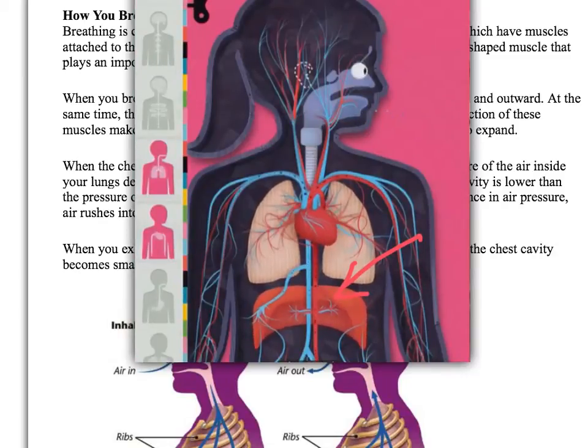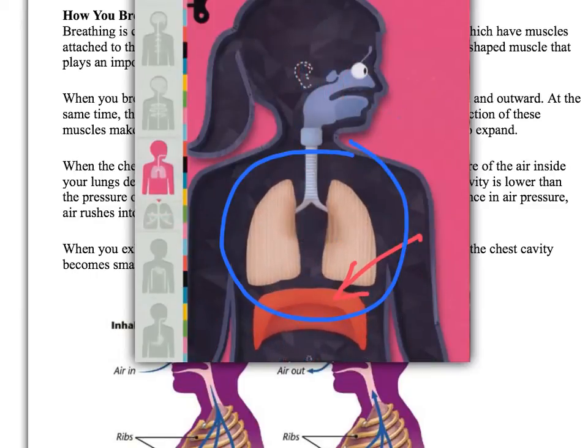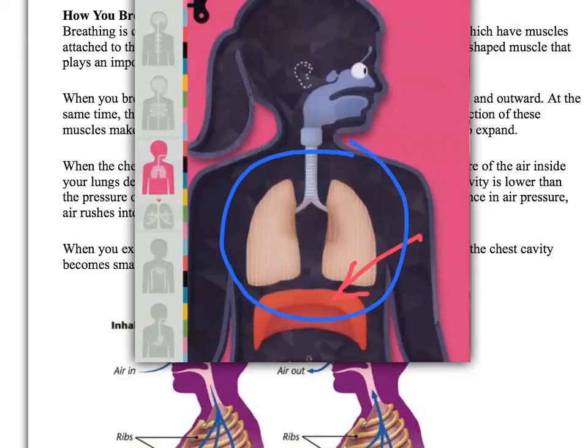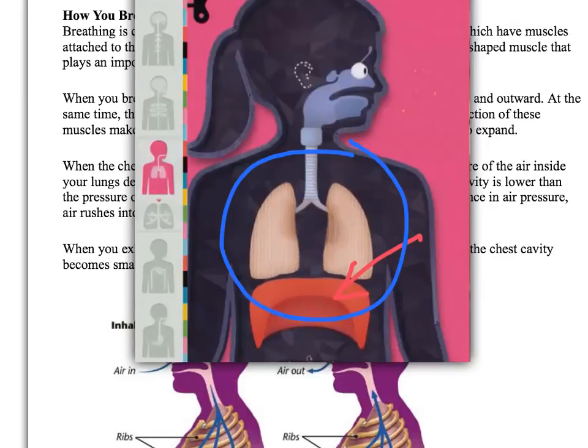And then here we see, when the diaphragm contracts downwards, air rushes in. And you could see the heart pumping at the same time. Now she's running, which is why it's pumping harder, and she's breathing harder. Look at the movement of the diaphragm. It contracts, it moves down, making more space in the chest. Here we go. So it's making more space in the chest, and that way it allows air to move in.